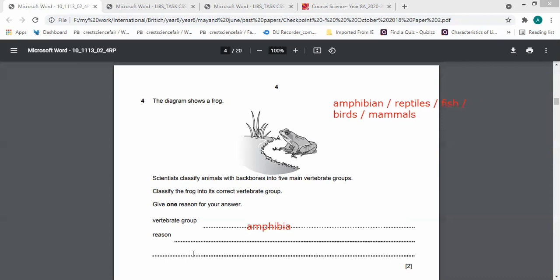Moist or smooth skin, right? Moist skin, and we can say smooth skin. It's clear.